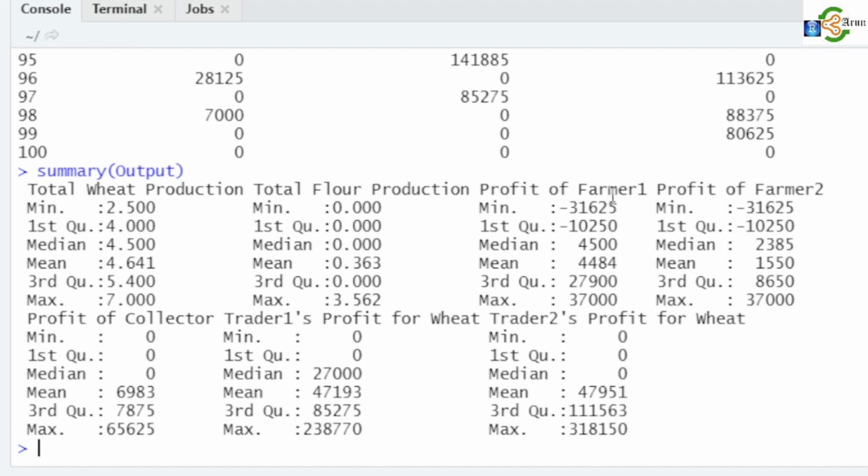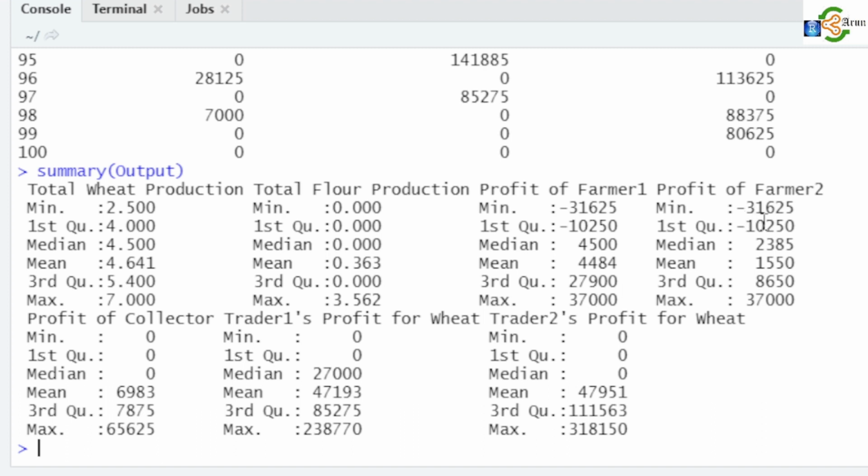For the profit of farmer one, the maximum loss incurred was 31,625 rupees, and the average income for the 100 times simulation is 4,484 rupees, and the maximum profit farmer one earned is 37,000.